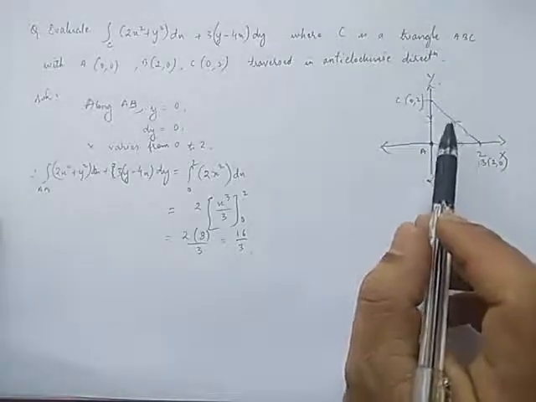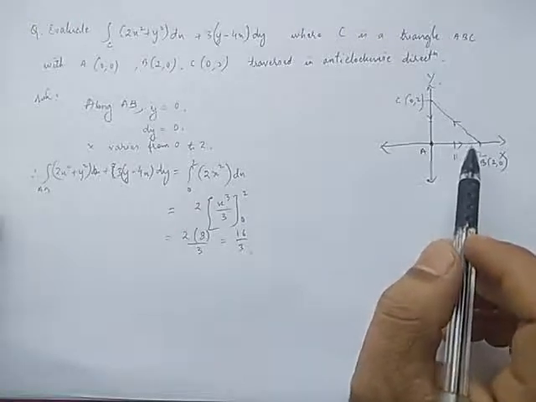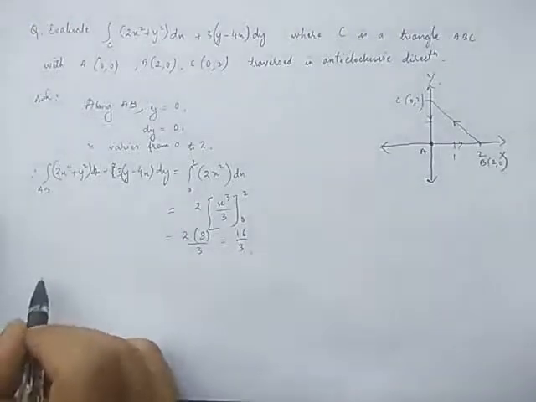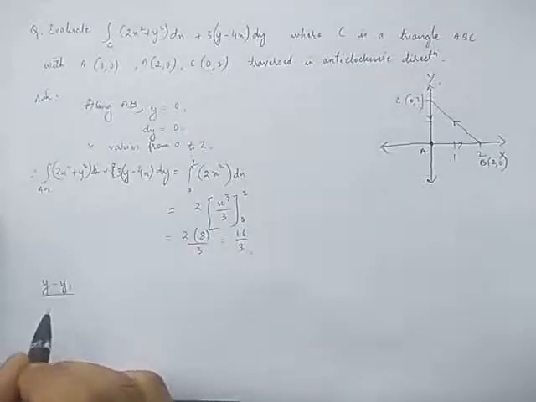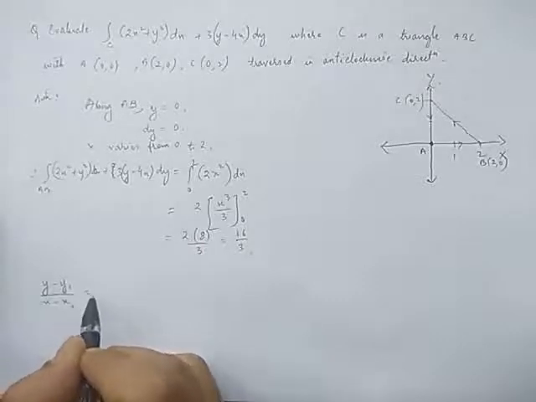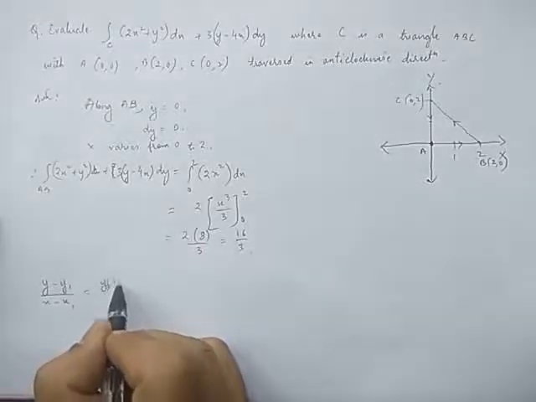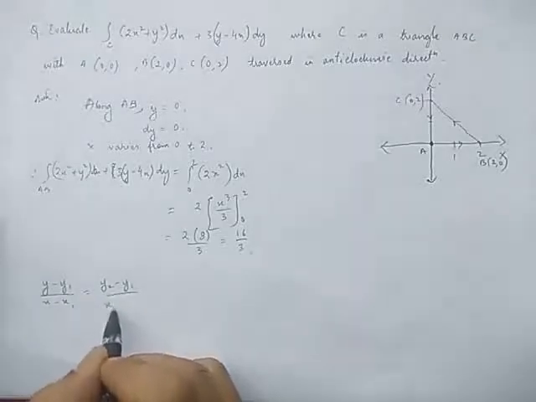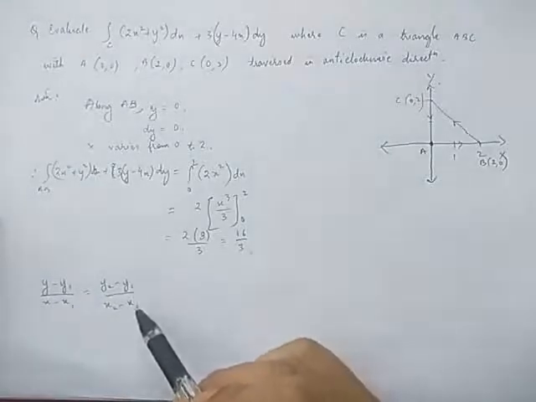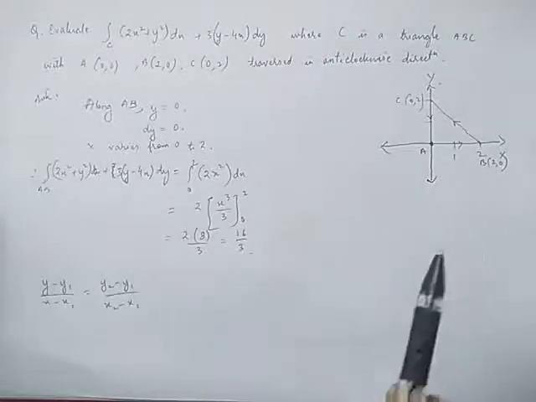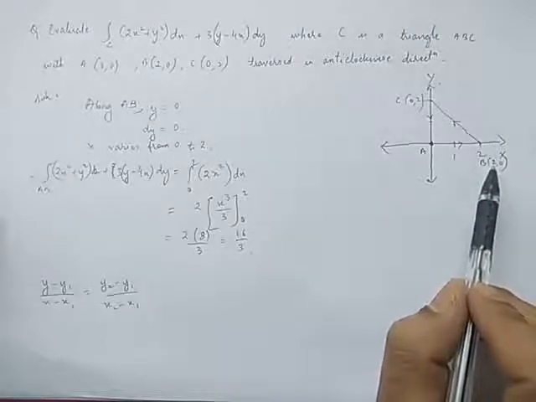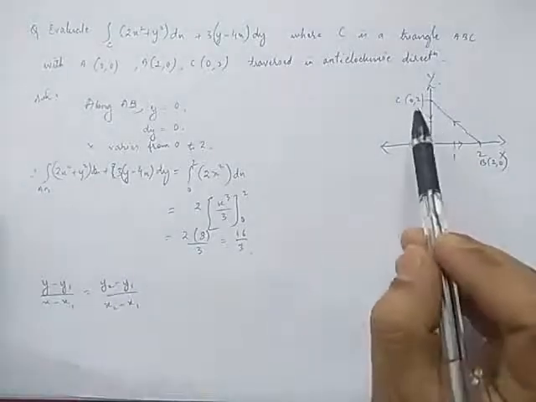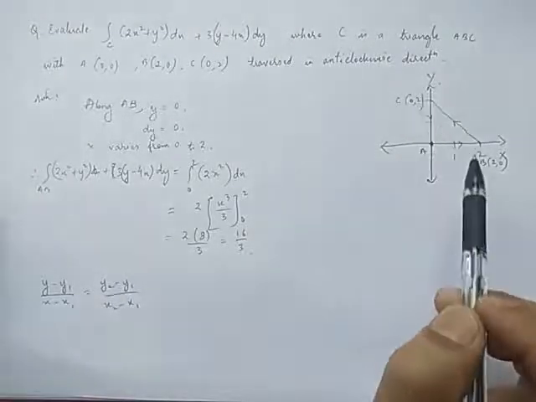In order to find the equation of this line, we have y minus y1 divided by x minus x1 is equal to y2 minus y1 by x2 minus x1, where my x1 and my y1 is the first point. Let's say 2, 0. Here we have 2, 0, and my x2, my y2 will be 0 and 2.